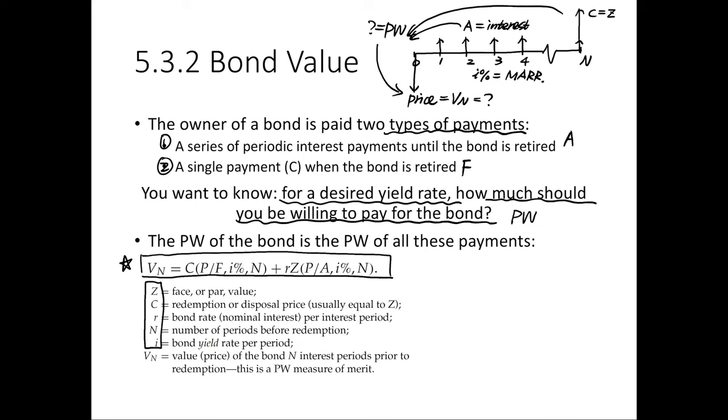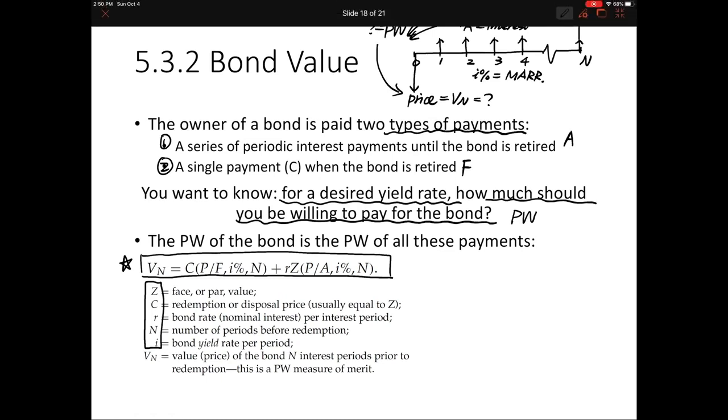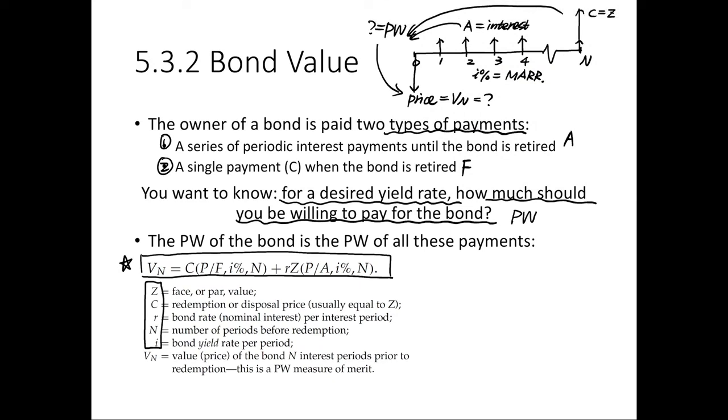And there is something very tricky in this, okay? Because the coupon rate, the R, and the I usually will be given as a nominal interest rate.